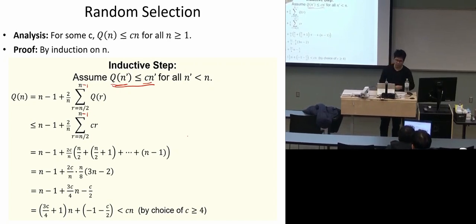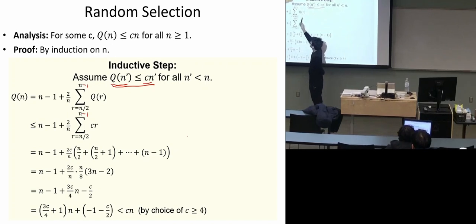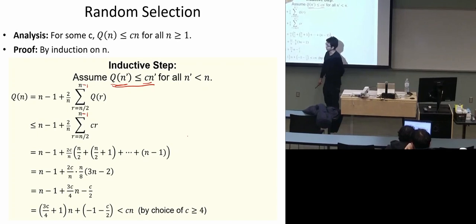So we can use this induction hypothesis. How? Just write down this equation that we have before, and now apply the induction hypothesis here. Q of r is at most Cr. And once you have that, it's just about calculation.